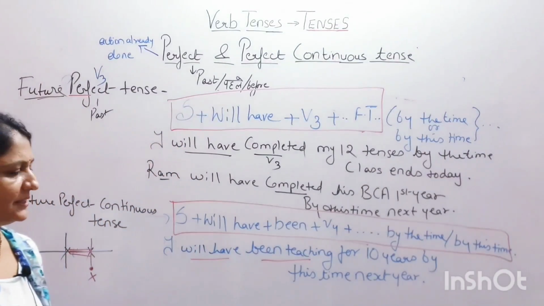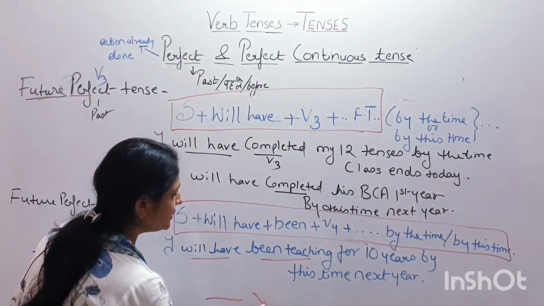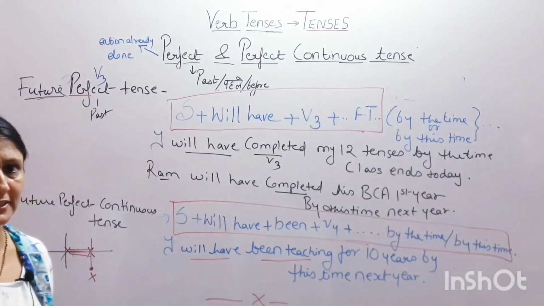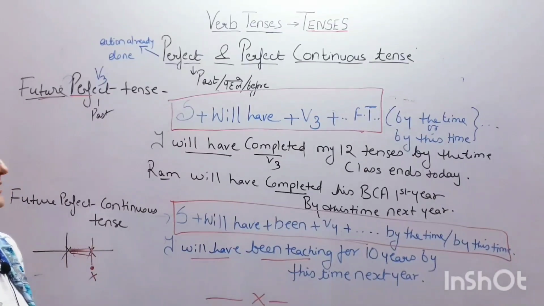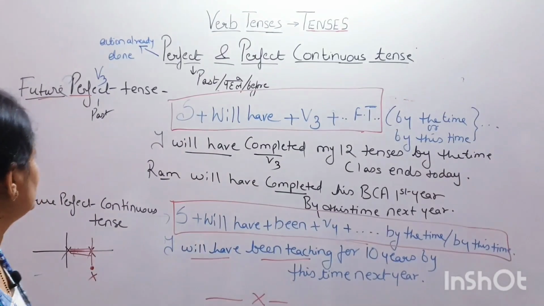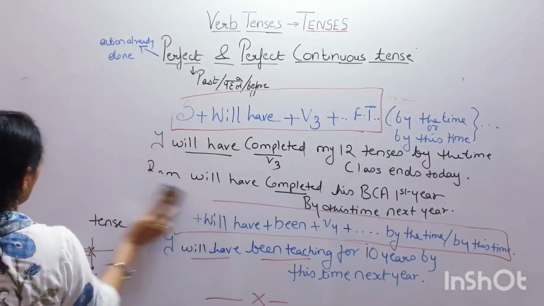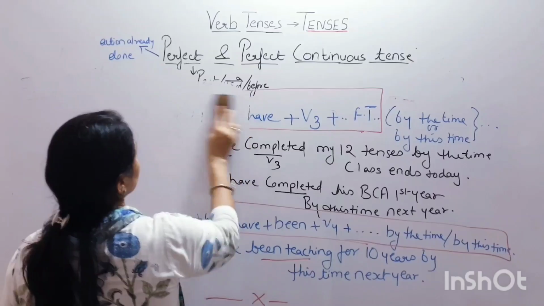So with this tense, we end up with our 12 tenses. I will be quickly summing up all the 12 tenses after this. Okay, students? A quick recap of all the 12 tenses.